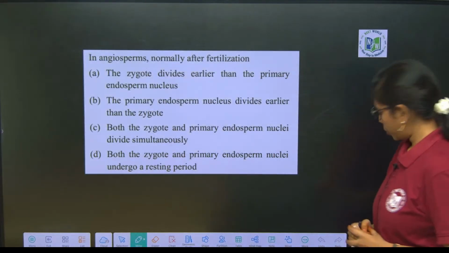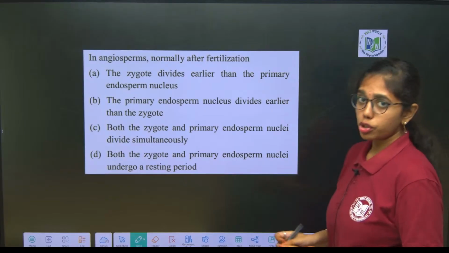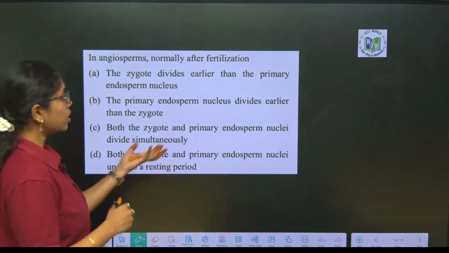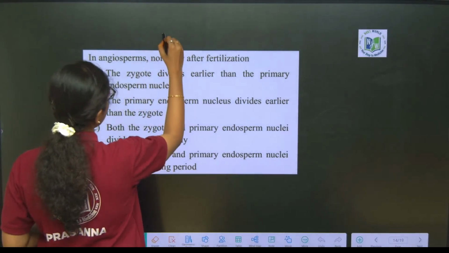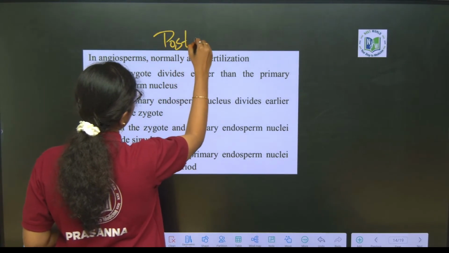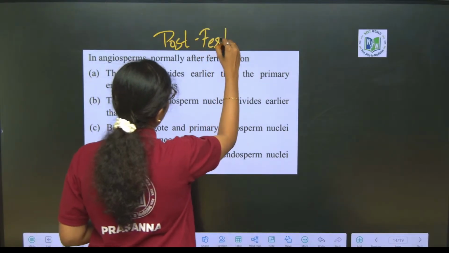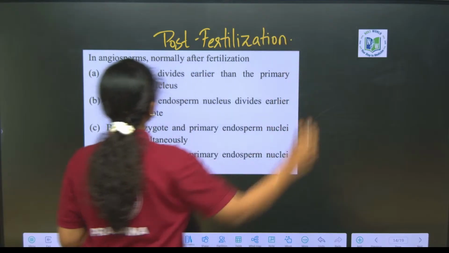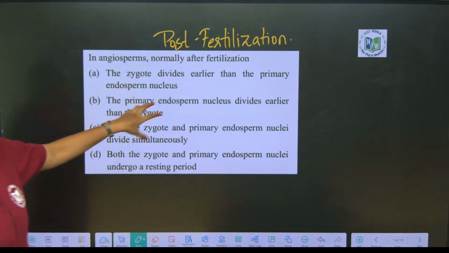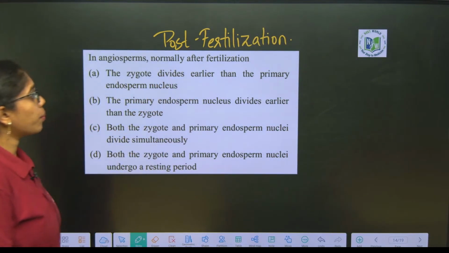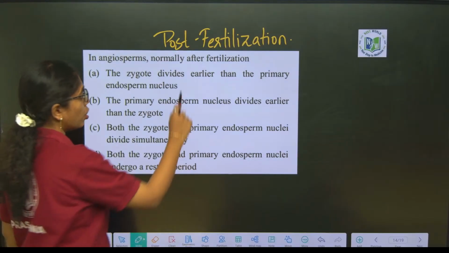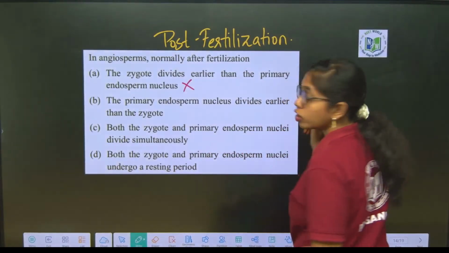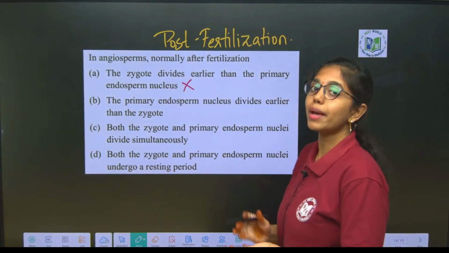Look at this question. In angiosperms, normally after fertilization what happens? So this question is from post-fertilization events. Look, the zygote divides earlier than the primary endosperm nucleus. No, here the primary endosperm nucleus or endosperm development is prior to the embryo development.